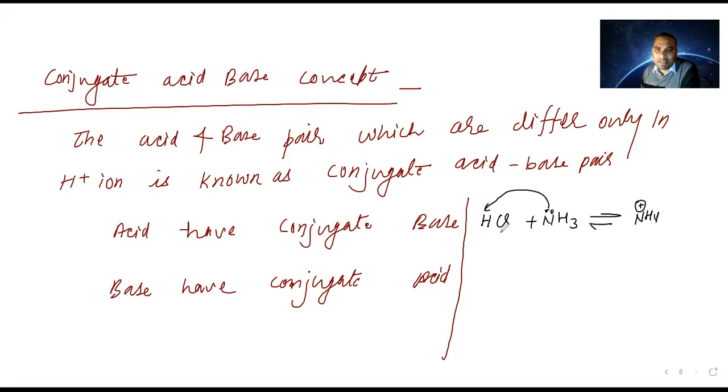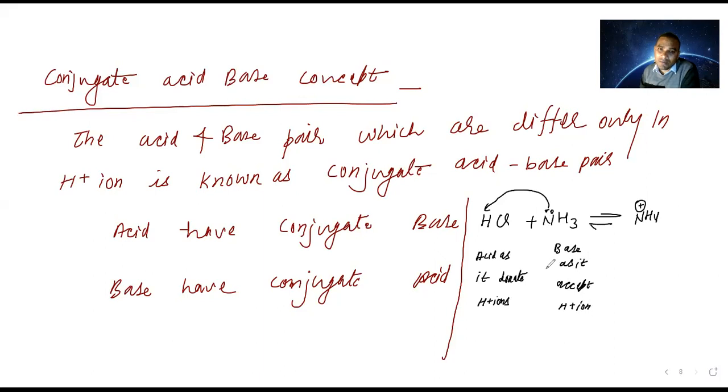Which is the acid? HCl is the acid, as it donates H plus ion. NH3 is the base, as it accepts H plus ion.